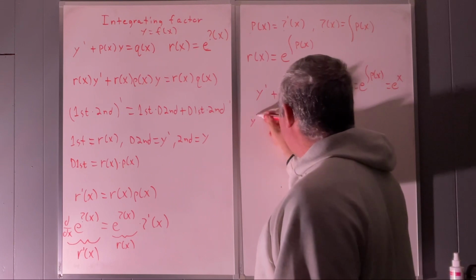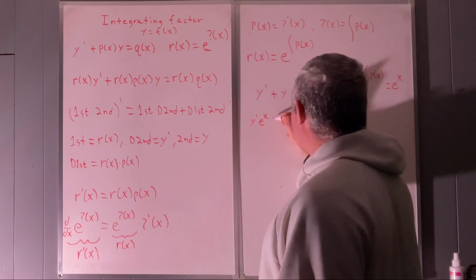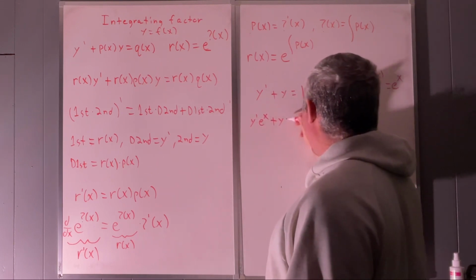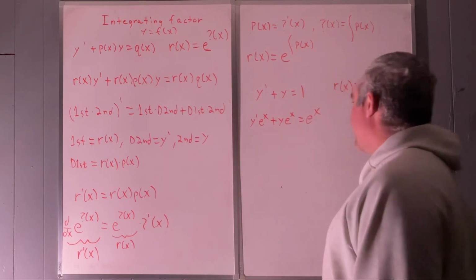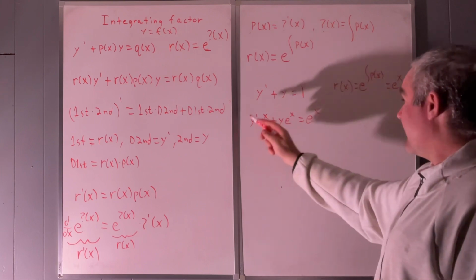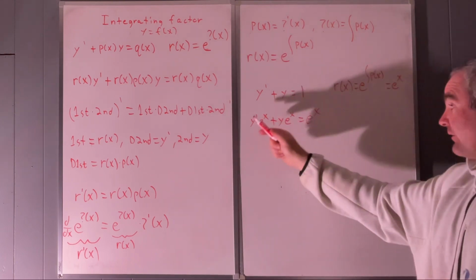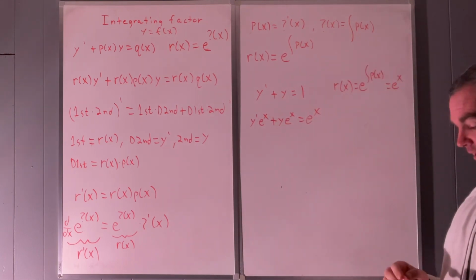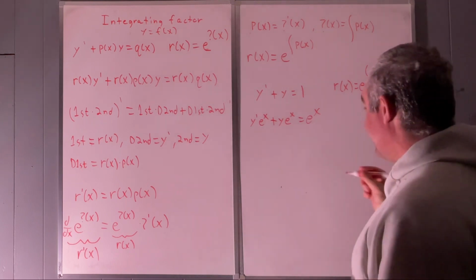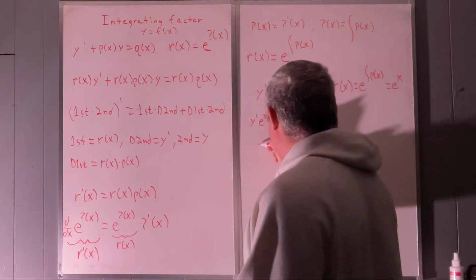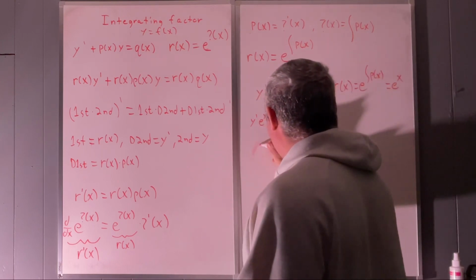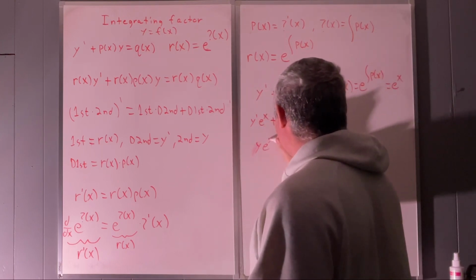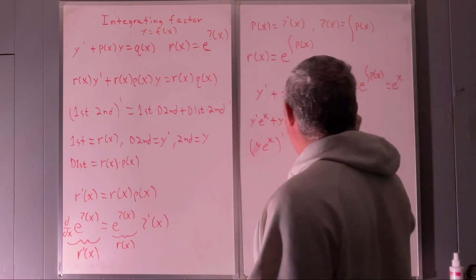So we have y prime e to the x plus y e to the x is equal to e to the x. Well, we said that this has to be the result of a product rule for derivatives, and it is. It is equal to y times e to the x prime.